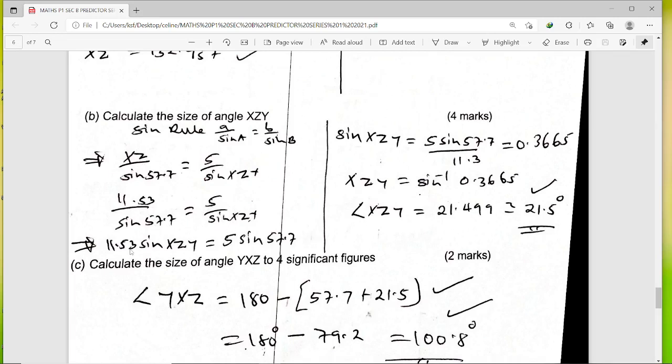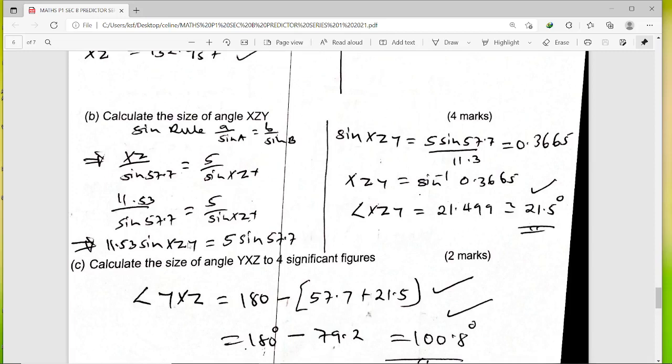We cross multiply: 11.53 sine XZY equals 5 sine 57.7. We divide by 11.53 to remain with sine XZY. Sine XZY equals 5 sine 57.7 over 11.53, which gives you 0.3665. So angle XZY equals sine inverse of 0.3665, which gives you 21.499, the same as 21.5 degrees. So that is the angle that we are asked for.